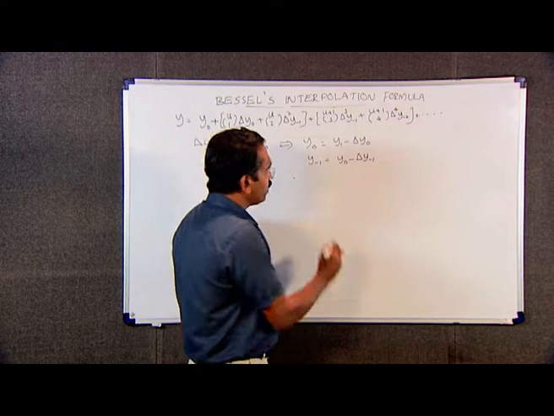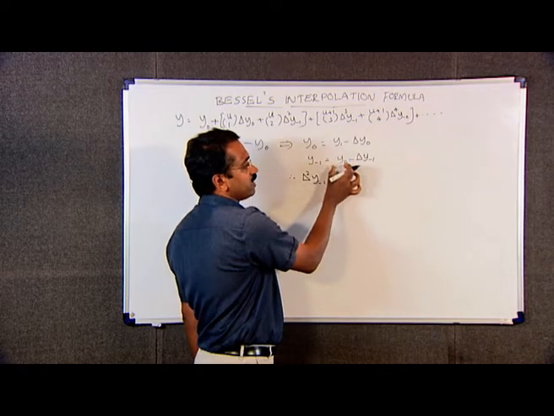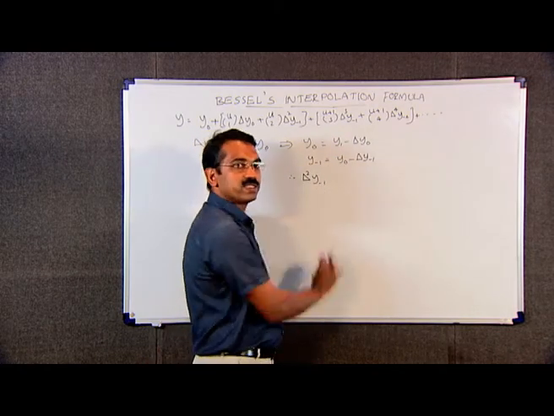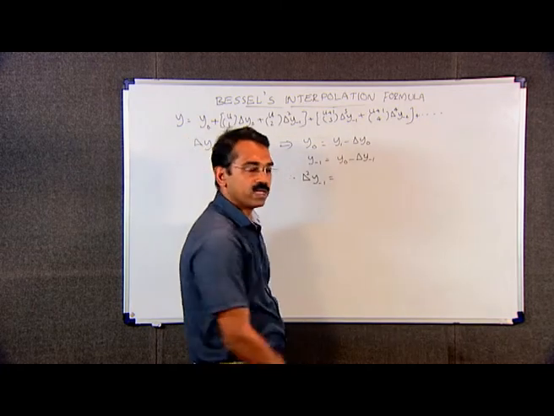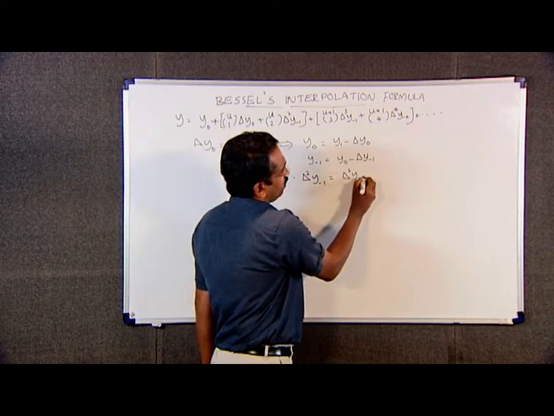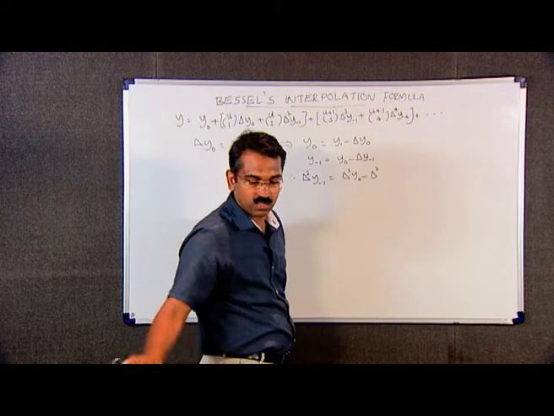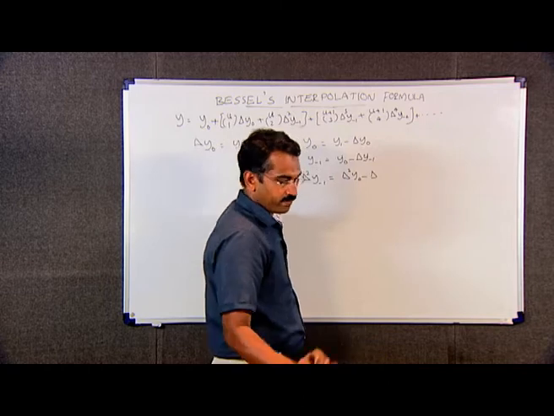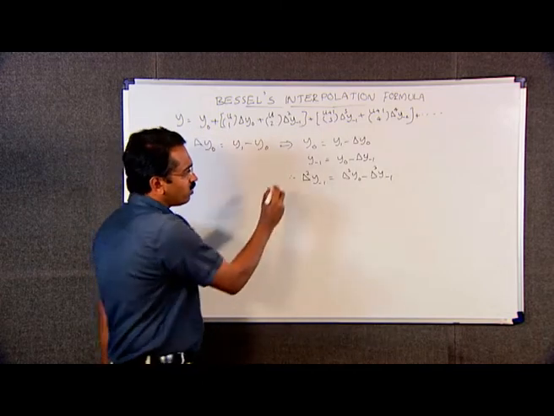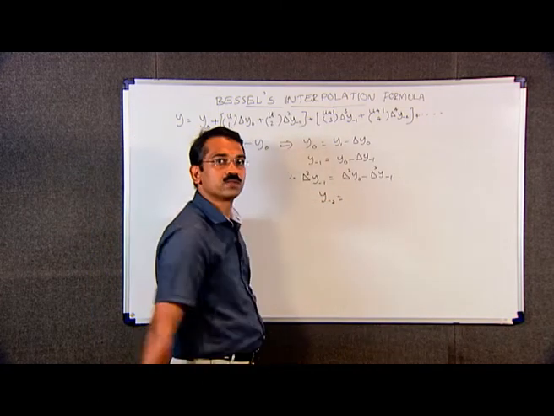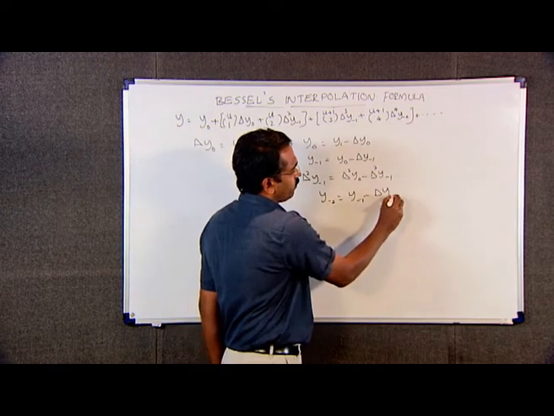Therefore, operating both sides of this expression by delta square, we can write delta square y minus 1 is equal to delta square y0 minus delta square of delta y minus 1, which means delta cube y minus 1. Also, y minus 2 can be written as y minus 1 minus delta y minus 2.